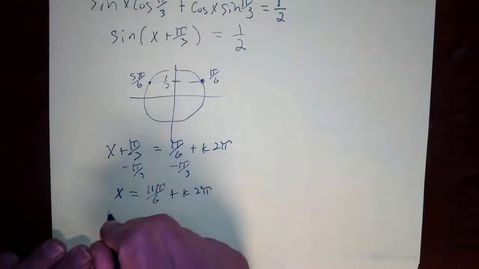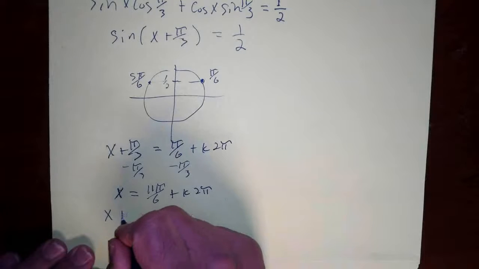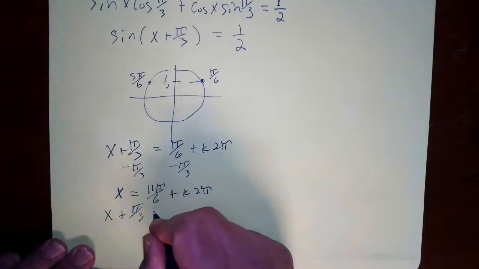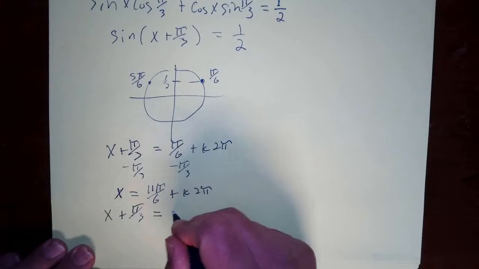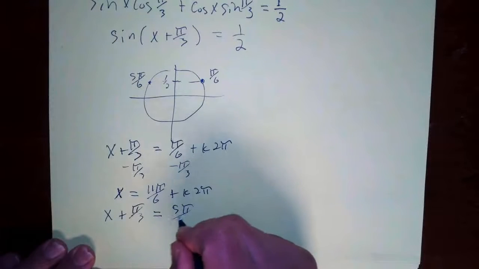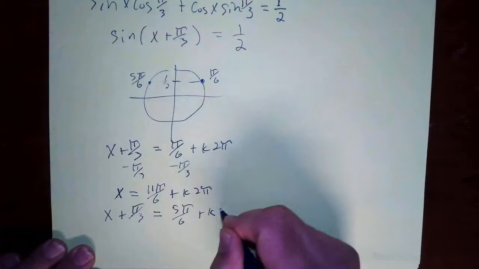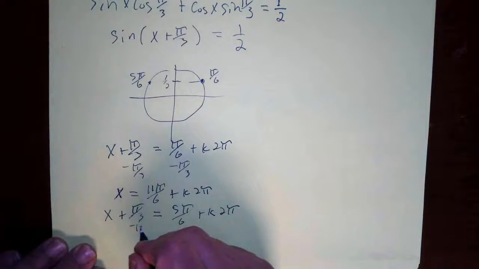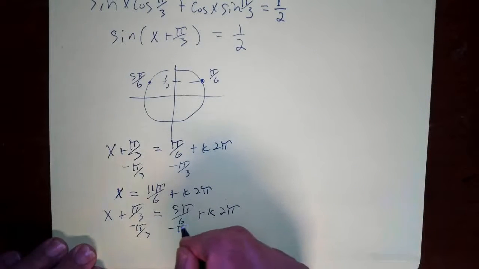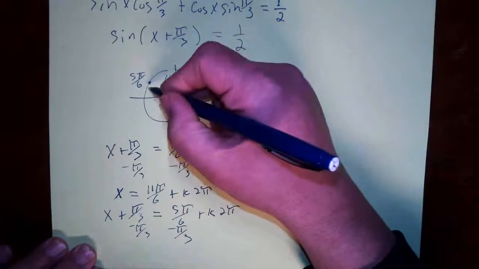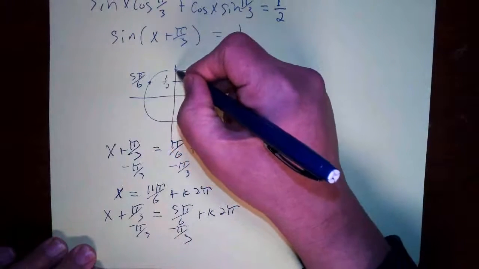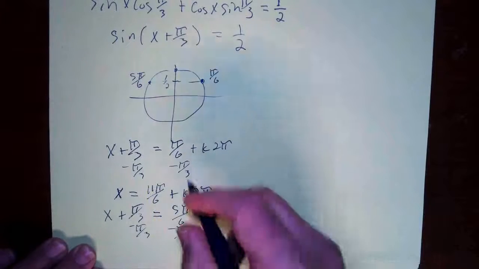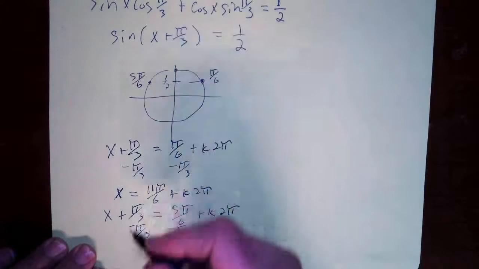And then the other one here, I get x plus pi over 3 is equal to 5 pi over 6 plus k times 2 pi. And so then subtracting pi over 3 from both sides. If I'm at 5 pi over 6 and I subtract pi over 3, I'll be up there at pi over 2.